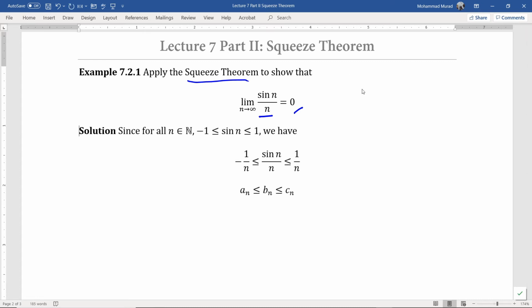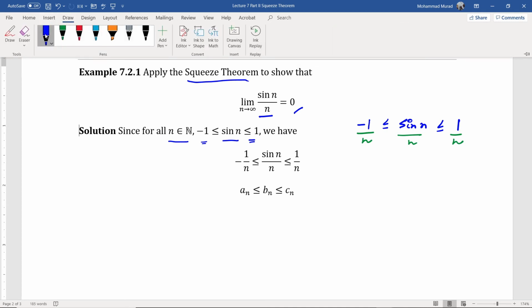Since for all positive integers n, sine of n is greater than or equal to -1 and smaller than or equal to +1, we can divide this inequality by n, since n is a positive integer. So we obtain the inequality shown here.